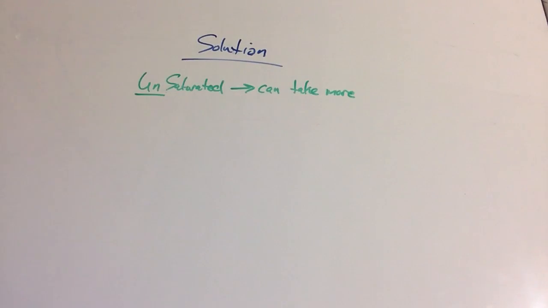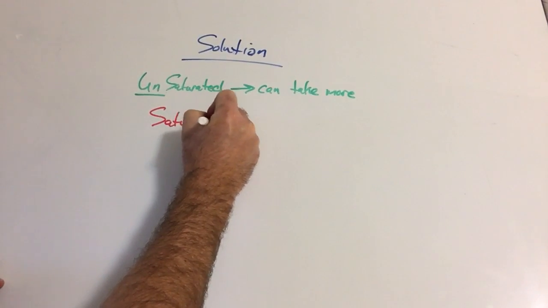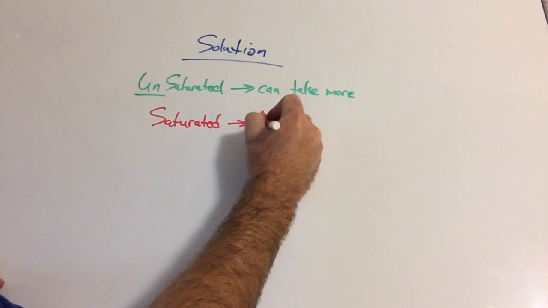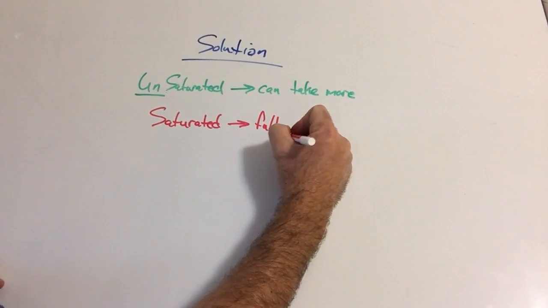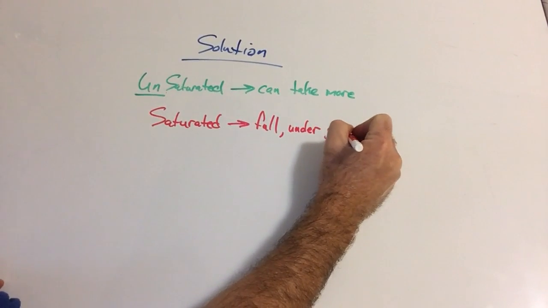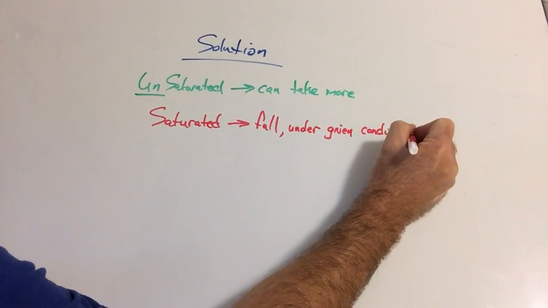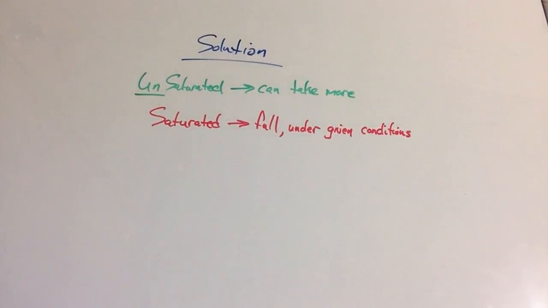He's very much unsaturated. He can definitely take a lot more. And then we get saturated. And that means full, under given conditions. That means we haven't messed with it yet. That means you just started throwing stuff in.